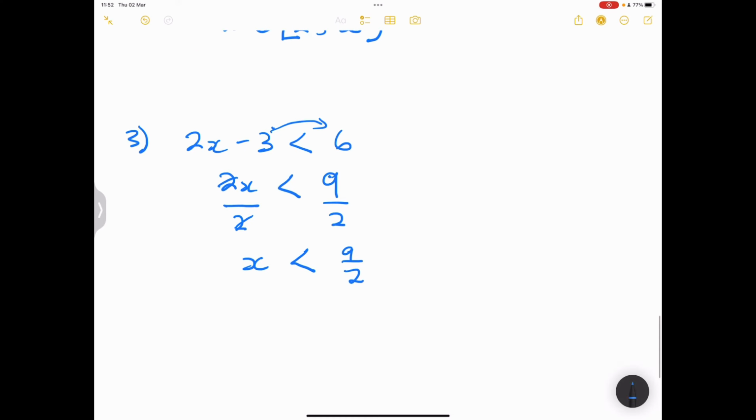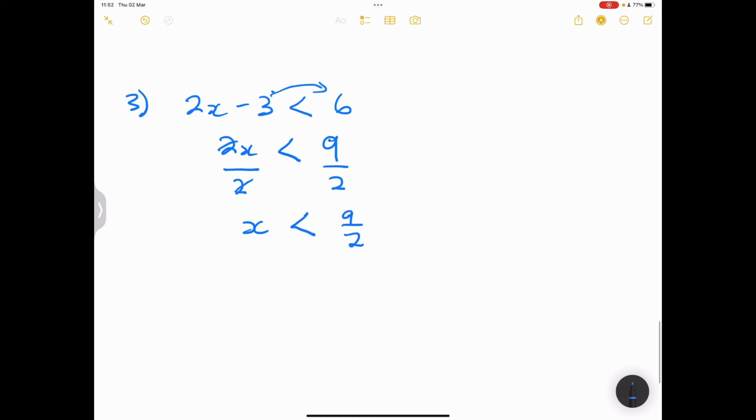So as a result, what happens? I'm going to write this in inequality form, but in interval notation, I'm going to write the 9 over 2 there. Remember, 9 over 2 is not included, so that would be our open dot there. And we're saying all the way down until negative infinity.